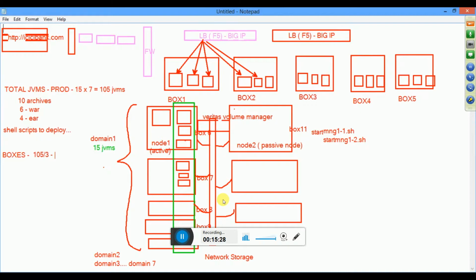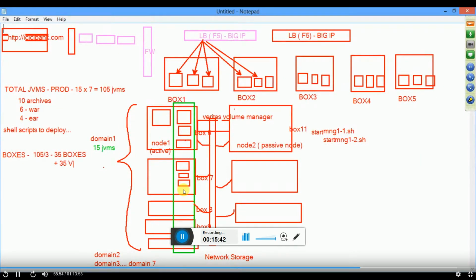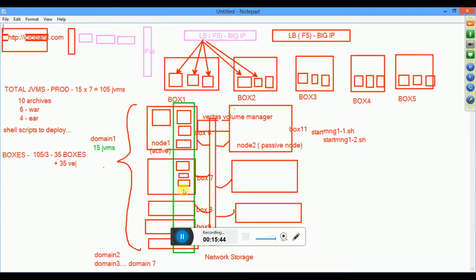So that will take you to 3 3s are 9 and 3 5s are 15. So 35 boxes you got. Now obviously all the 35 boxes are in a Veritas cluster. So you have plus 35 Veritas passive nodes. So you got 70 boxes in production.